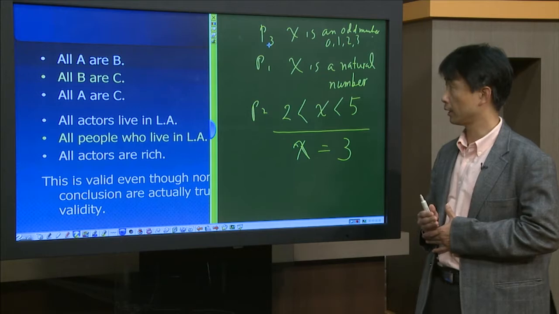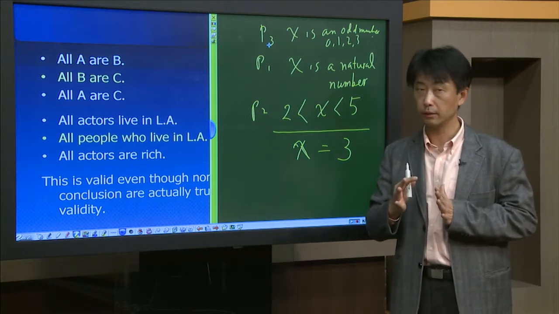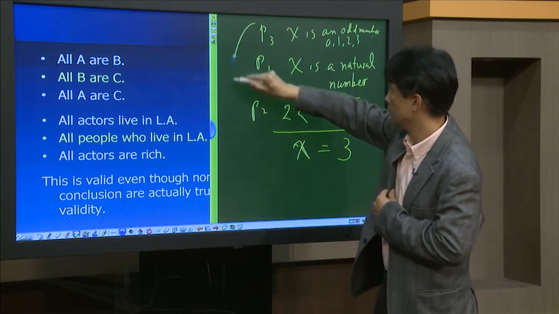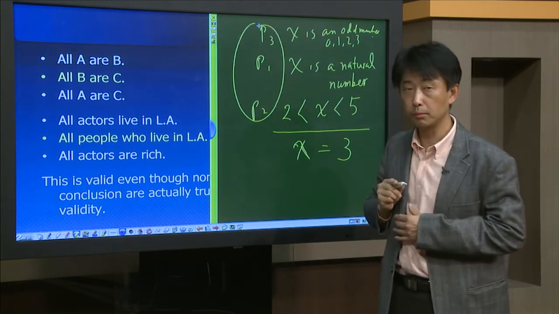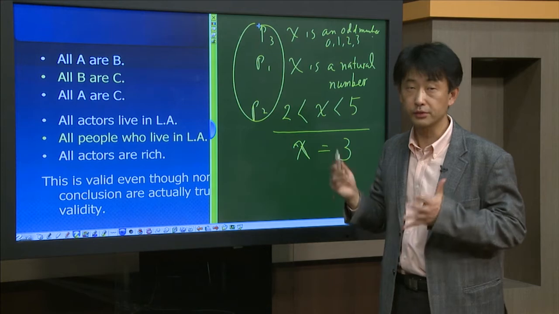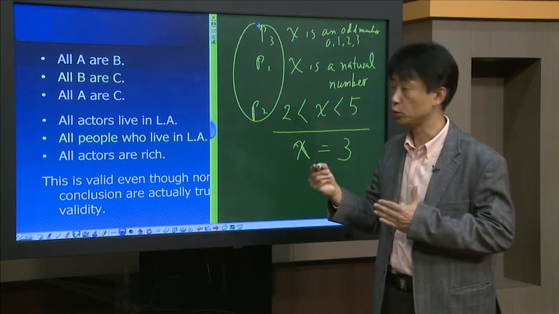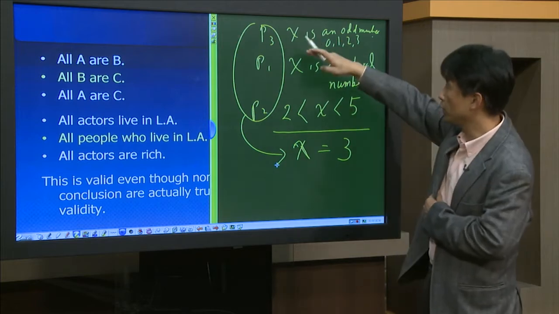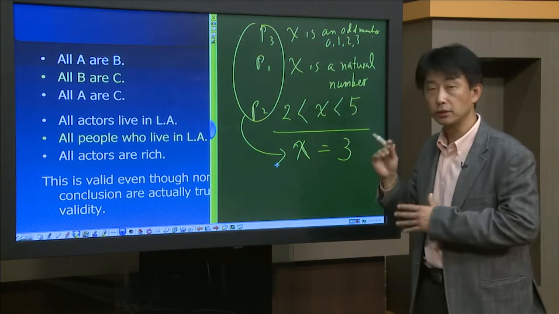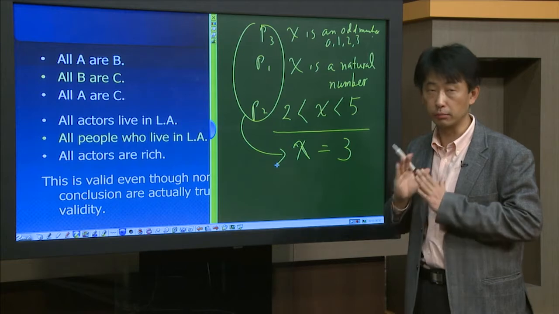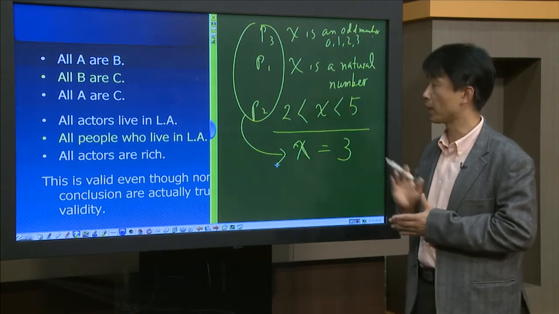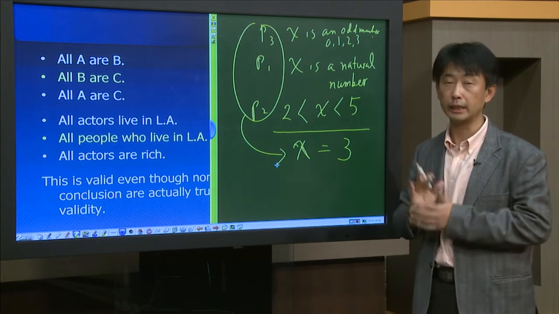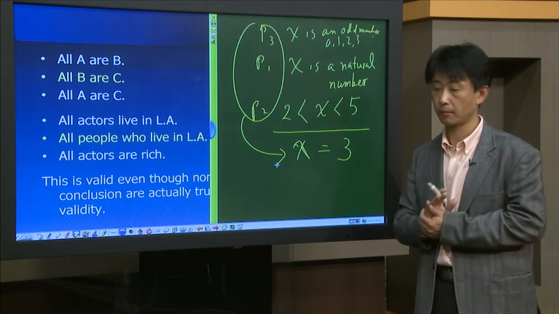So you can see that the mark of validity is that in a valid argument, these premises, a set of sentences, seem to force the conclusion. Okay? These 3 sentences make the conclusion inevitable. Okay? Given that the premises are all true, the conclusion has to be true. That's the mark of validity.